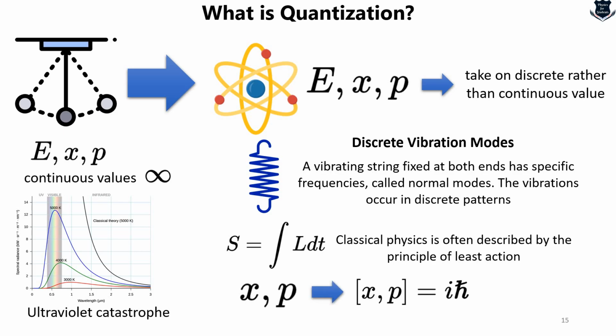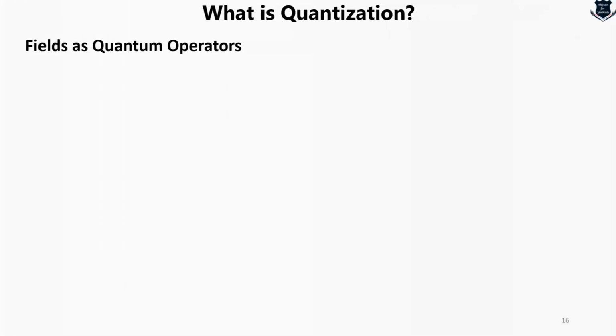Also, classical variables, as you see here, position and momentum, are converted into operators, and they follow this kind of commutation. This transforms classical equations of motion into quantum operators, which lays the foundation of quantum mechanics and quantum field theory in the future. So quantization is converting classical systems so that they have discrete values.